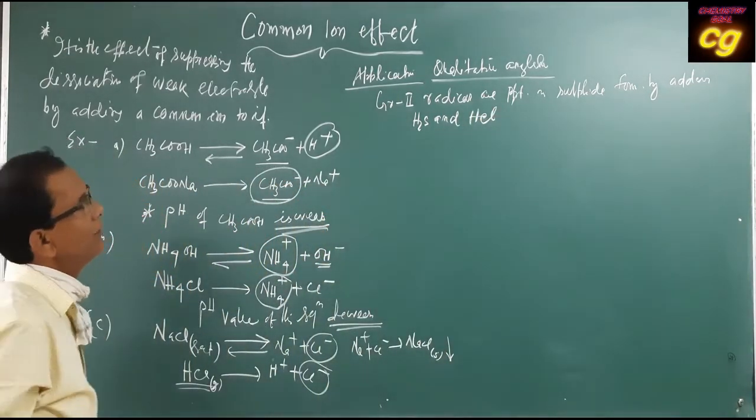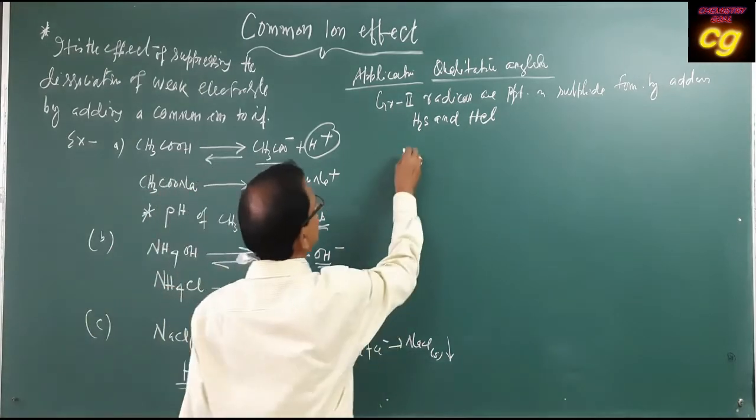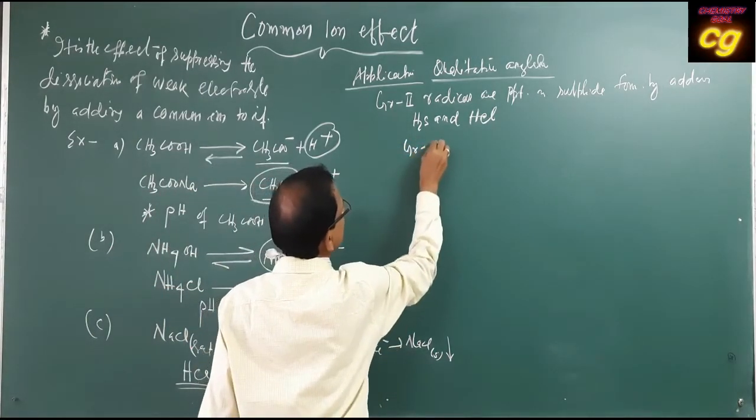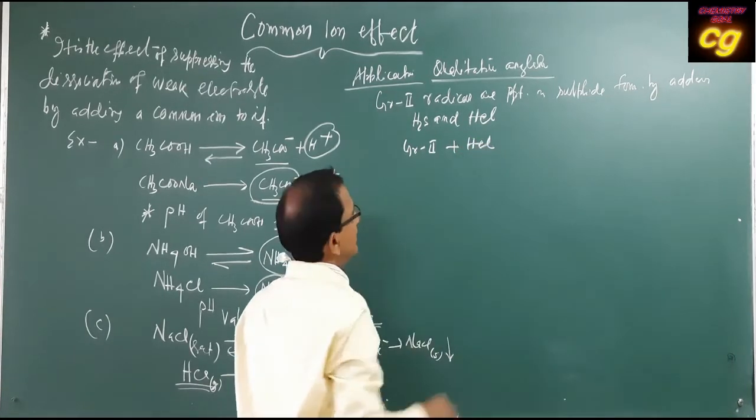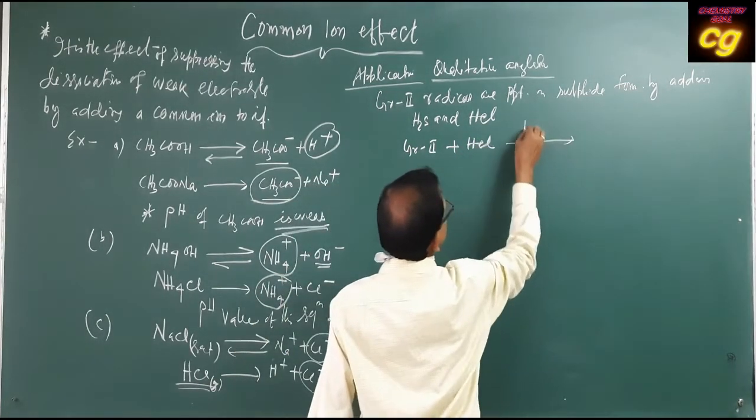That means first, group 2 radicals add HCl, then followed by H2S gas.